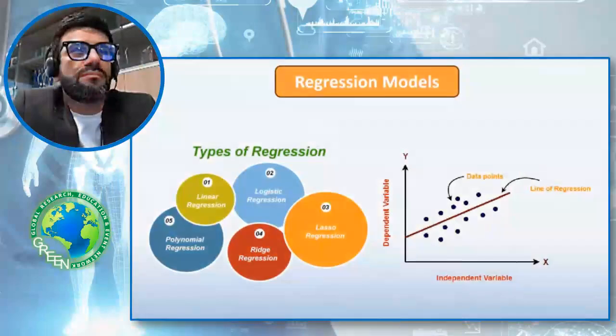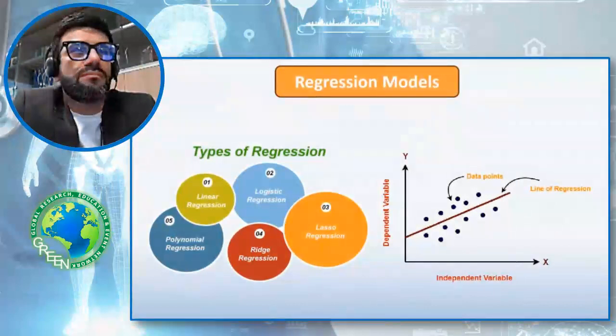About this diagram, as it is depicted on this screen, we have 5 types of regression. But the most popular one is linear regression, which is used for predictive analysis. And it is a linear approach for modeling relationships.